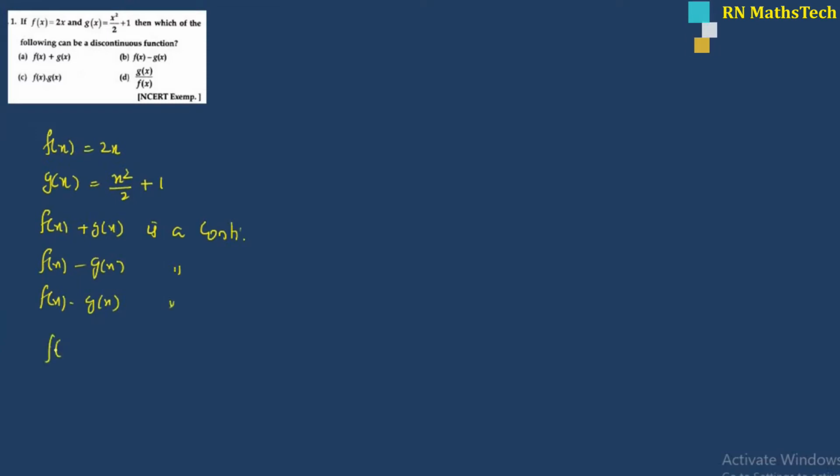But g of x by f of x, which is x square by 2 plus 1 divided by 2x, is not continuous at x is equal to 0. Okay.